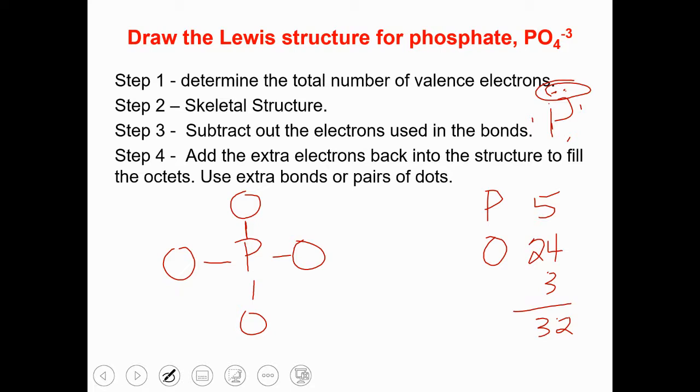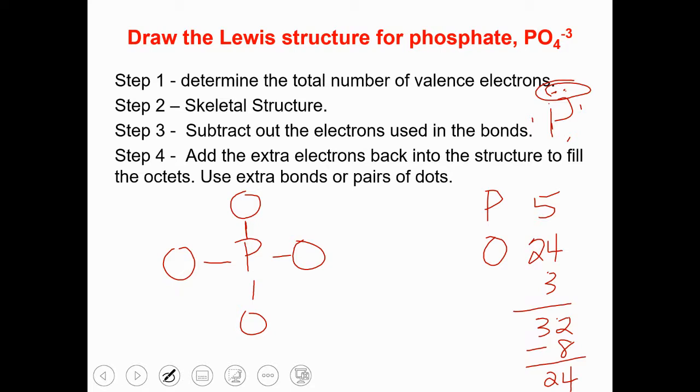So once we have this, we have to subtract out the 8 that we have used. And that means that we have 24 left. 24 is the same as 12 pairs. So if you look, we have 4 oxygen. They each need 3 more pairs.